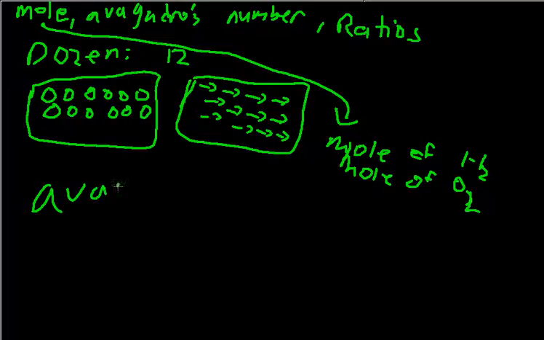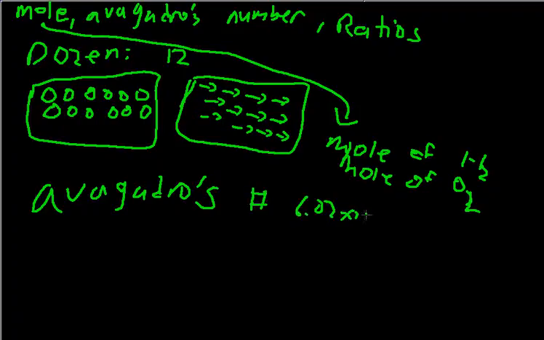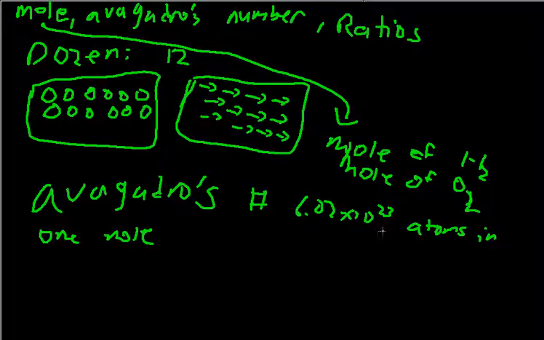There was a man by the name of Avogadro who did some counting of atoms and decided that there should be 6.02 times 10 to the power of 23 atoms in 1 mole. So essentially, if you want to have a mole of oxygen, you just need 6.02 times 10 to the 23rd molecules of oxygen.